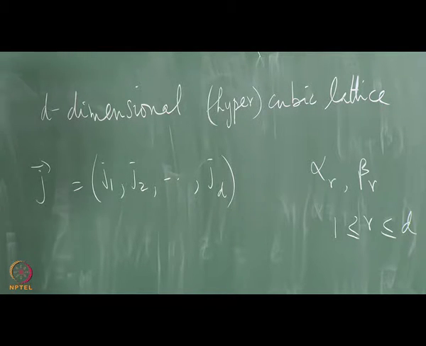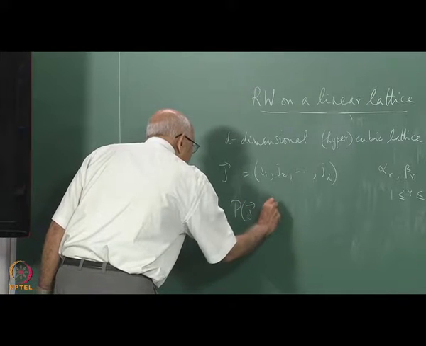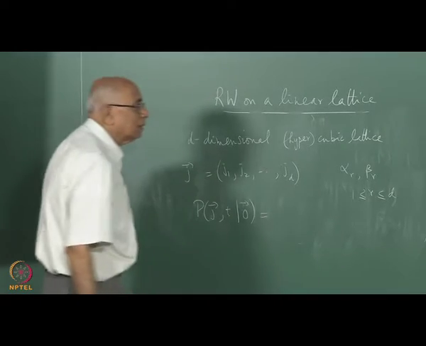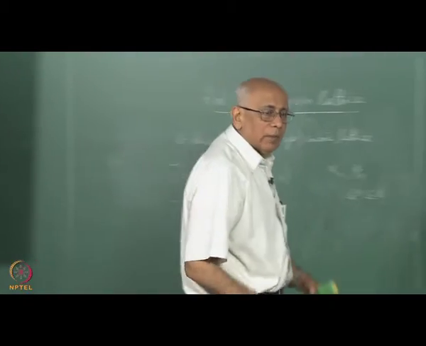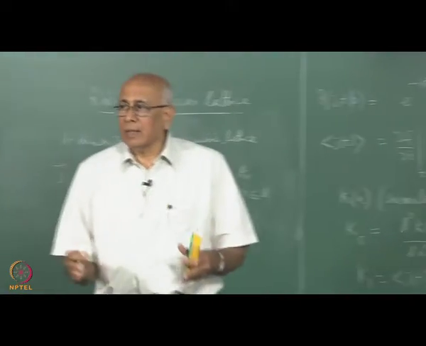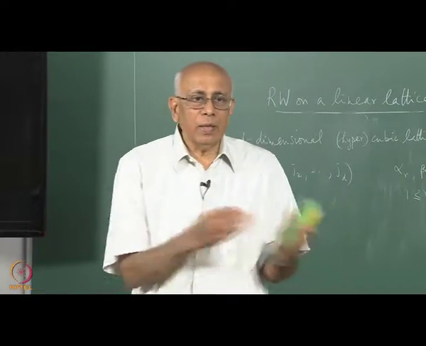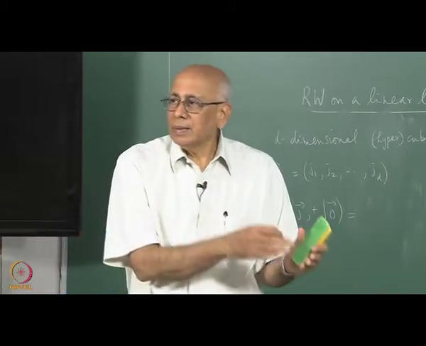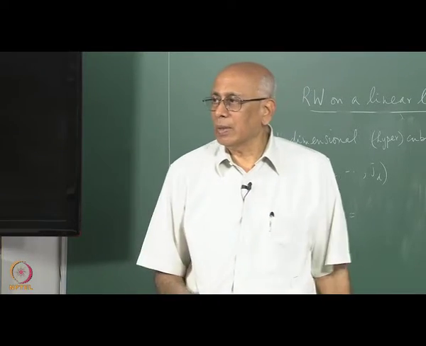Then we can write down what the solution is for this quantity P of j, t, given that you started at the origin. What would this be? Because the total rate of jumps out of a site is lambda, and that is now split. Earlier it was split between lambda alpha and lambda beta on this side. Now it is split between lambda alpha 1, beta 1, alpha 2, beta 2 and so on. The whole thing adds up to 1.